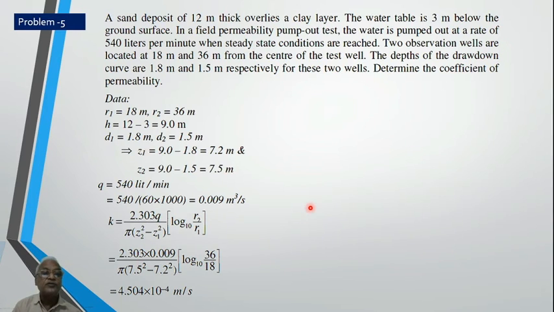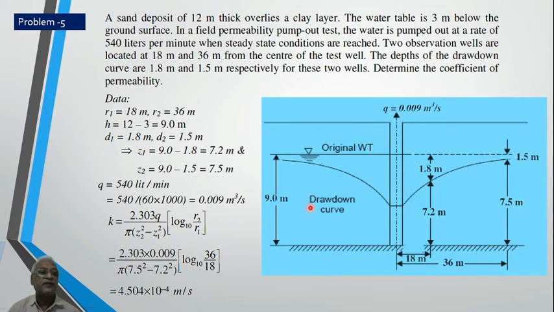There is a figure also. So this is 3 meters, that's why this has become 9 meters. Now this is 18 meters, the first well. The other one is 36 meters. Here there is a drop of 1.8, here a drop of 1.5 meters.